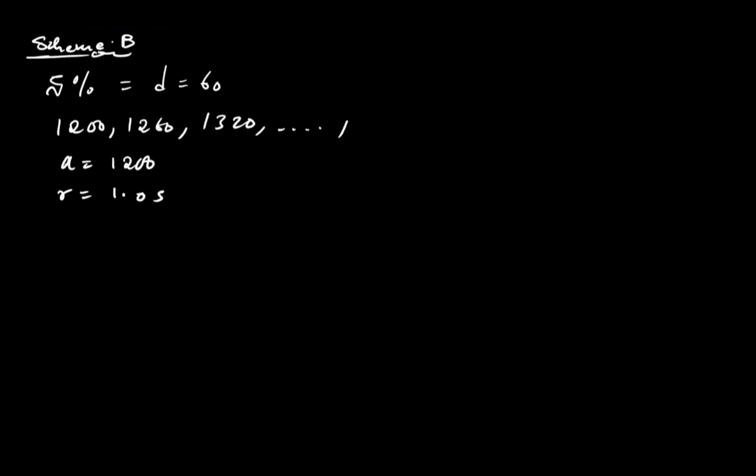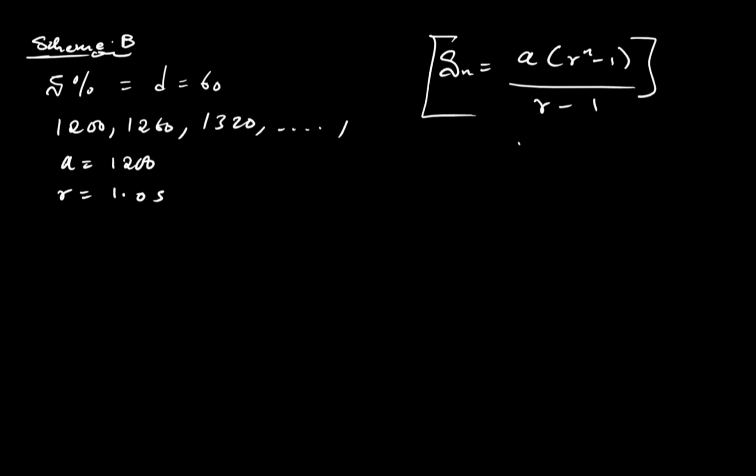Now when it comes to the sum of a GP, there are two conditions you need to understand. Sum of n terms equals a times r to the n minus 1, over r minus 1. We only use this sum if r is greater than 1.